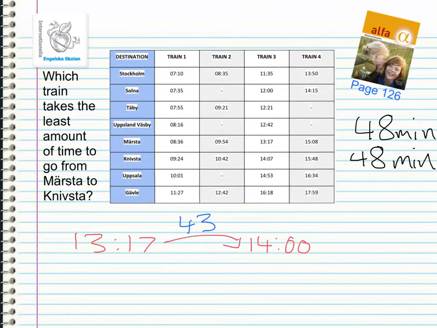And then it arrives at Knivsta at 14:07, which is a total of 7 extra minutes. And then we can look at 43 plus 7 is a total of 50 minutes.